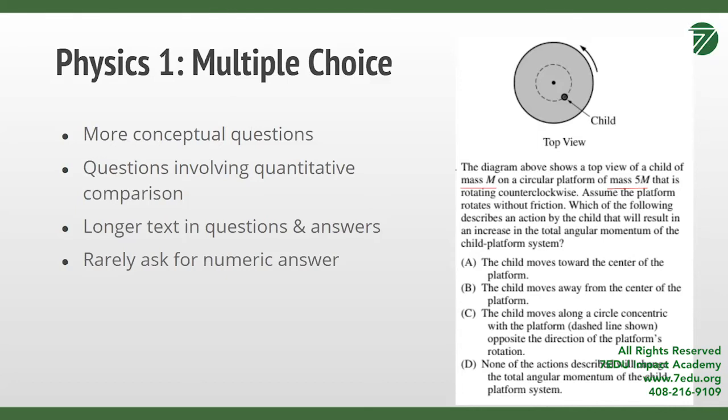Having gone through all of the concepts up to this point, I would know that the angular momentum of the system will only be changed if an outside force is applied. But the question asks about an action by the child that will result in an increase in the total angular momentum of the system. In other words, there's no way the child can do something that would change the total angular momentum of the system, because the child is part of the system.